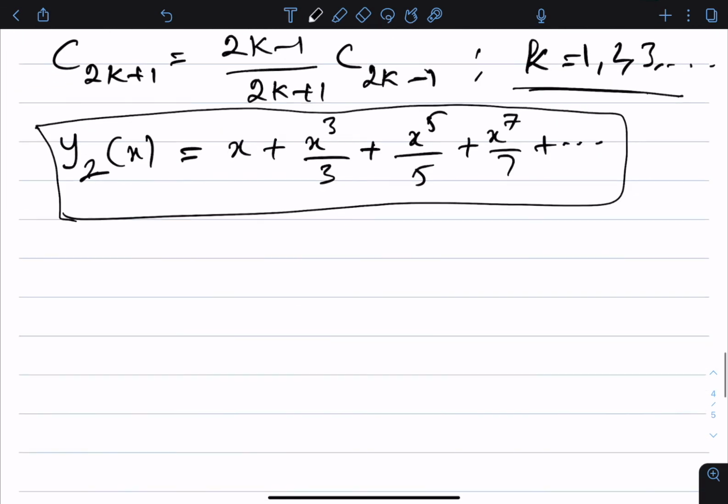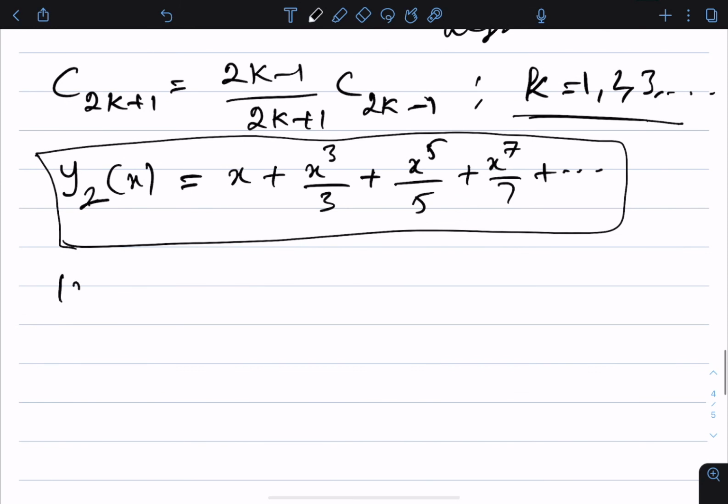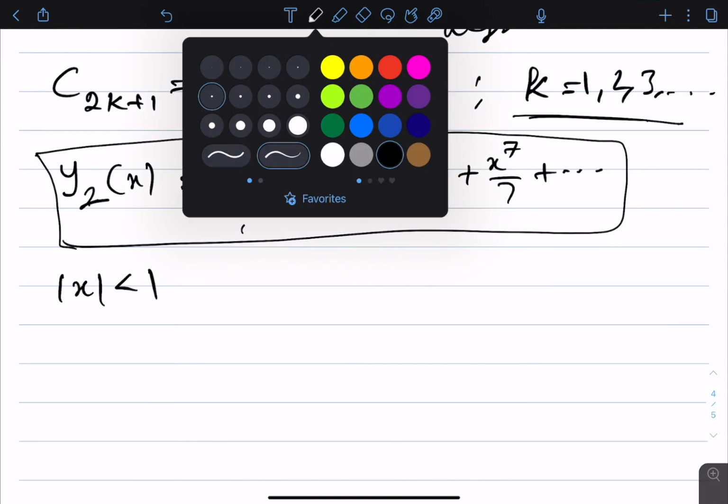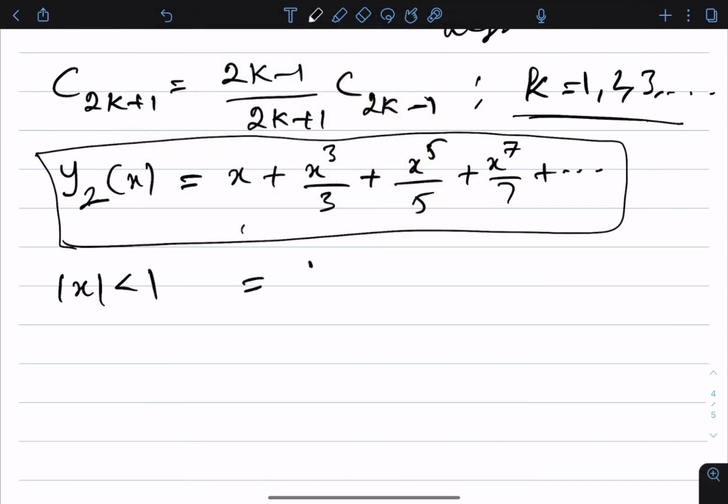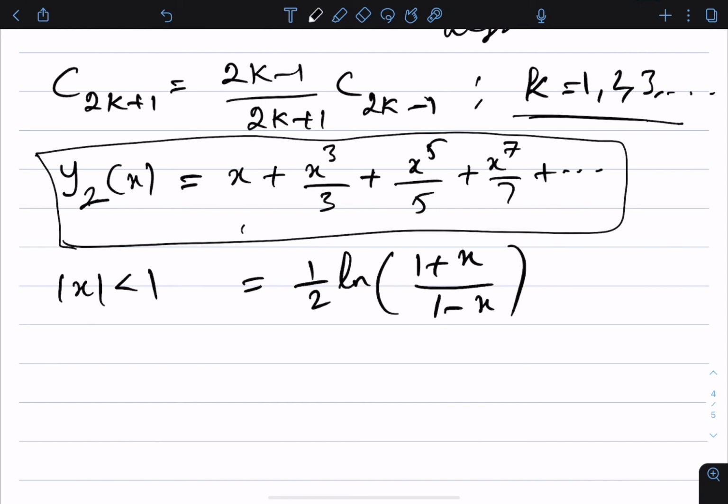What is given is precisely this: if you restrict x such that mod x is less than 1, that is between -1 and 1, then the series that you have here is precisely equal to half times log of (1 plus x) over (1 minus x), right?